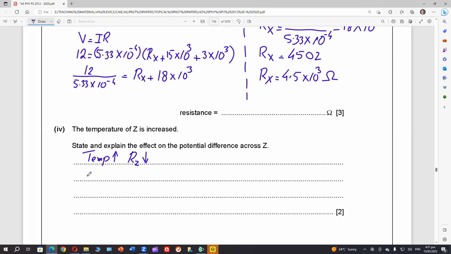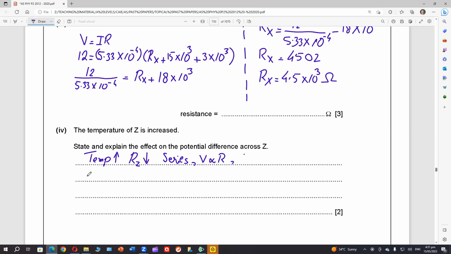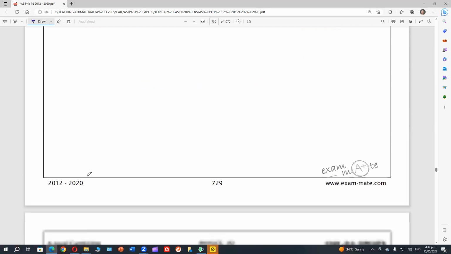So what about in a series circuit? So voltage will decrease.